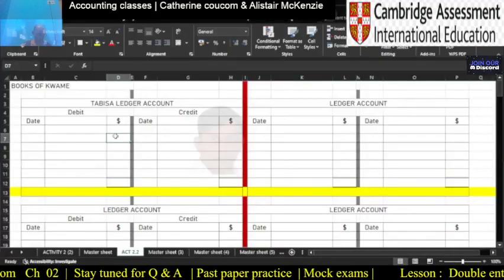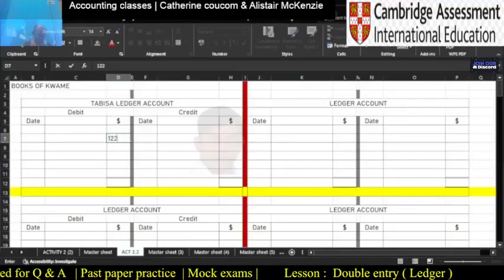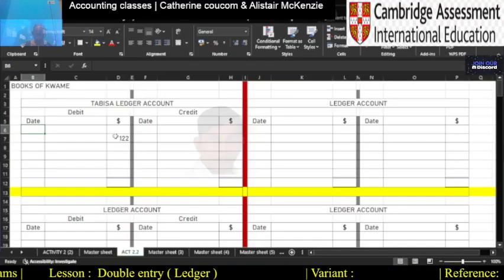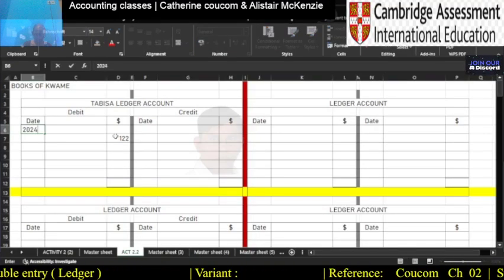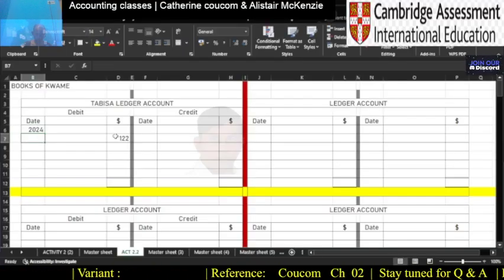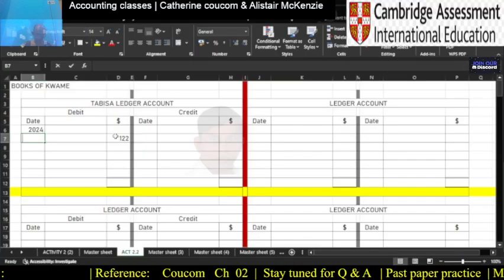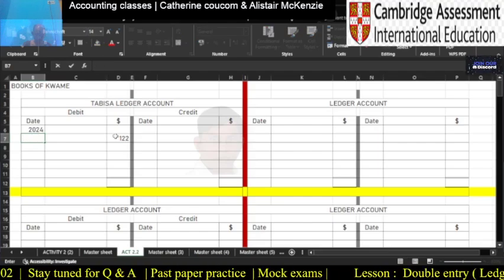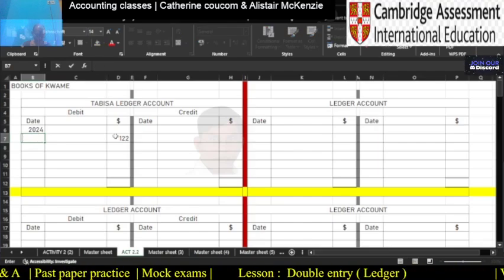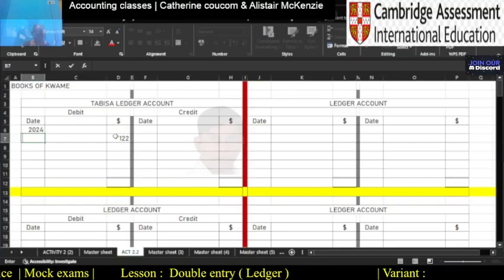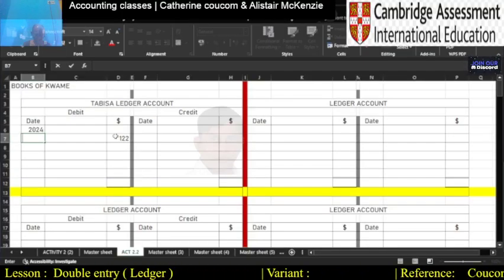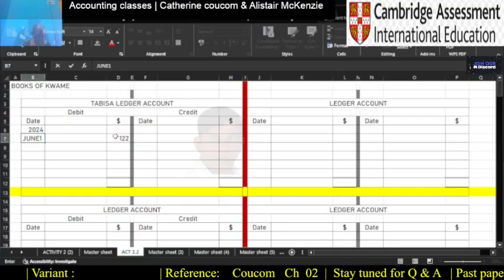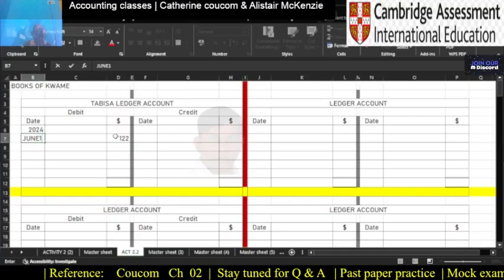Tabisha owed, so Tabisha is an asset. Tabisha owed Kwame 122. June, June 1st.